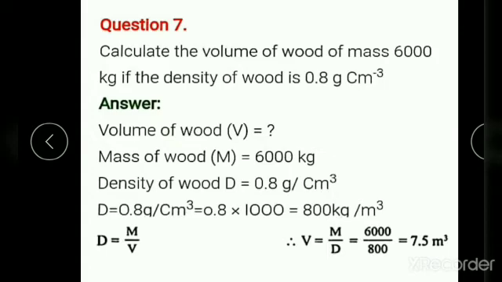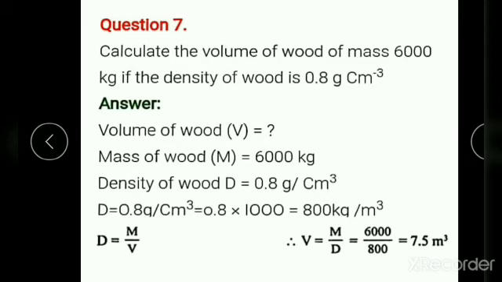So you have 6000 kg and in the denominator you have 800 kg per meter cube. This kg and kg will get cancelled. So what is remaining? Meter cube. So the volume of the wood is 7.5 meter cube.